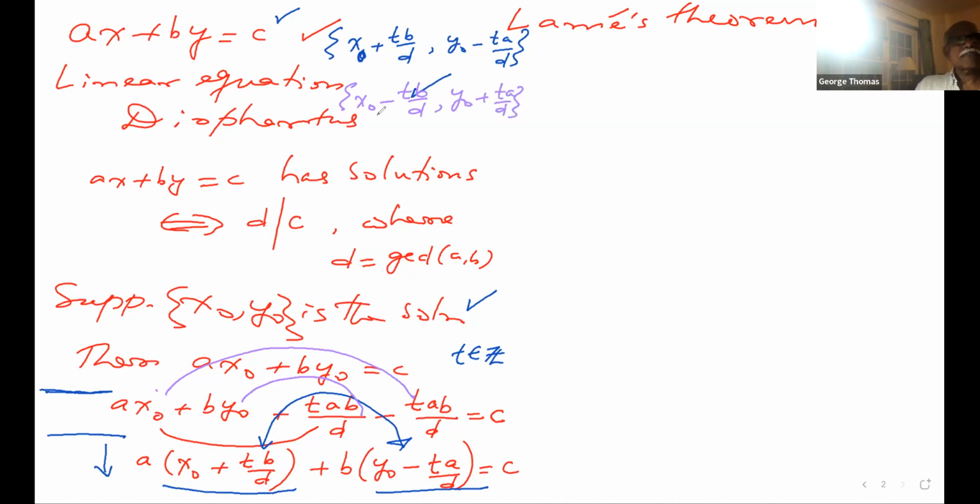I say this solution set is the same as this, because t comes from the integers. Agreed? If this is 3, this is minus 3. So if you take t equals minus 3, this will become positive, and this becomes negative. So it is sufficient to take one of these.